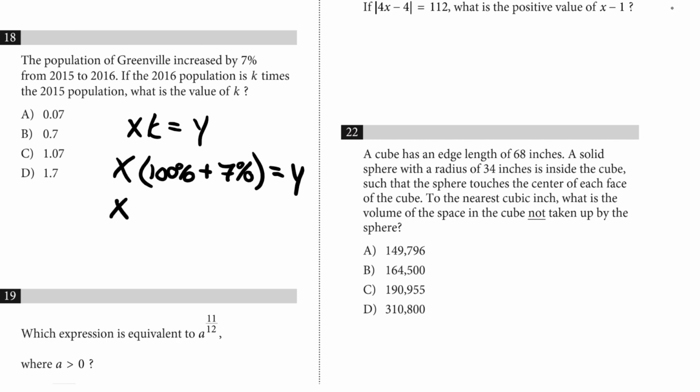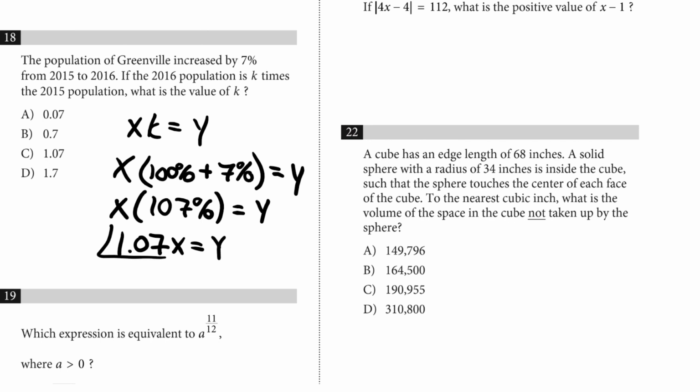So this will give us X times 107% will equal Y. If we turn 107% into a decimal, we get 1.07 times the population size in 2015 is going to equal the population size in 2016. So it is 1.07 times greater.